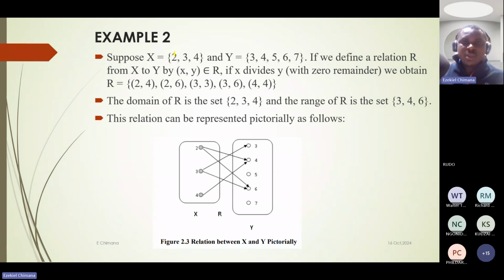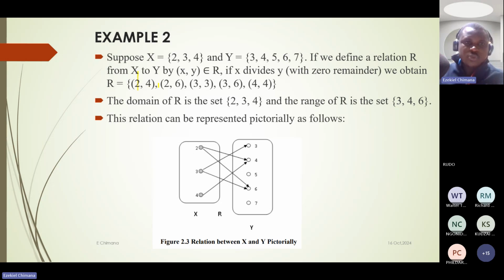We matched 2 with everything, 3 with everything, 4 with everything. Now from all those answers, we only want the collection where x divides into y, leaving a remainder 0.